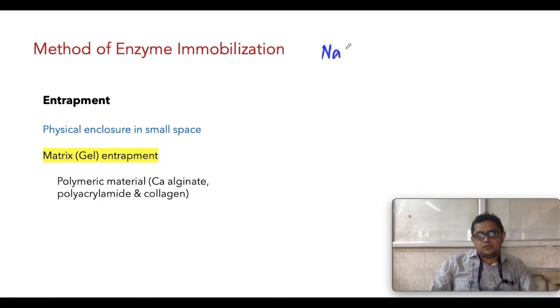Sodium alginate is the starting material, and alginate has a peculiar character. The solubility of alginate in water depends on the associated salt. Whenever alginate is associated with sodium, it is soluble in water.